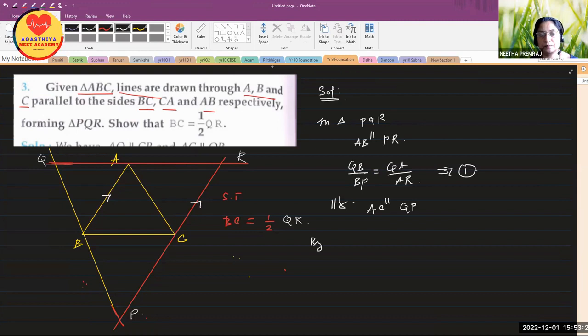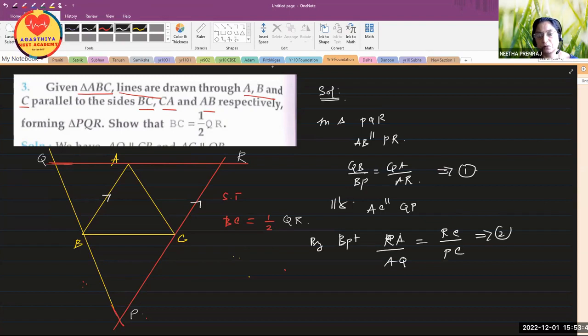So by BPT, you have to write ratios, isn't it? So how do you write the ratio? RA by AQ is equal to RC by PC. Name this as 2.